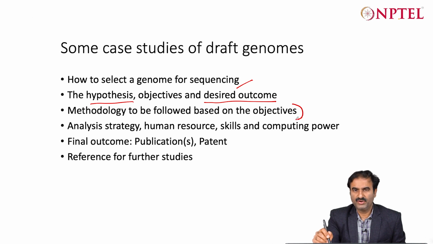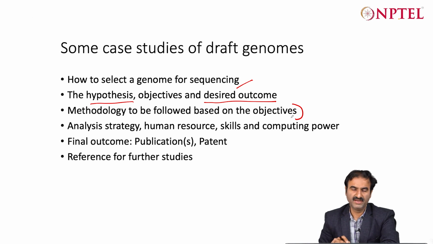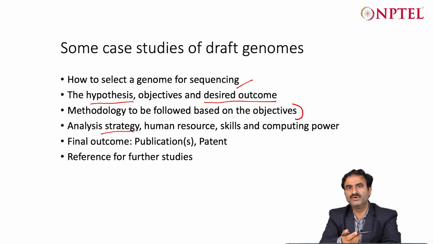Then before starting you have to identify the methodology for covering all the objectives that you want to do. You can take pen and paper and see that these are the things to be done and who will do what: the analysis strategy, the algorithm, software. If you are already into genome sequencing and assembly and analysis, you will have most of the pipelines or tools ready.